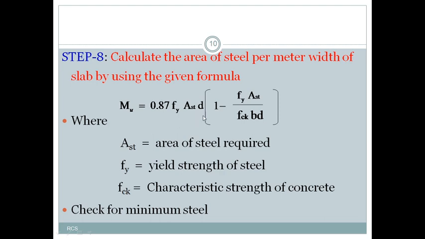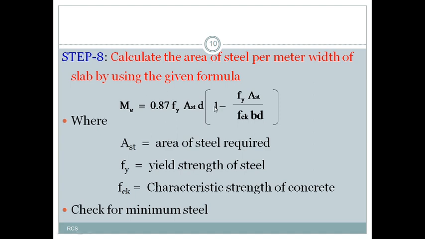After calculating the area of steel, we have to go for checking the minimum steel required. As per the design requirements of a slab, the minimum steel required for HYSD bar is 0.12% of gross cross-sectional area, and if you are using Fe250, that is 0.15% of gross cross-sectional area.